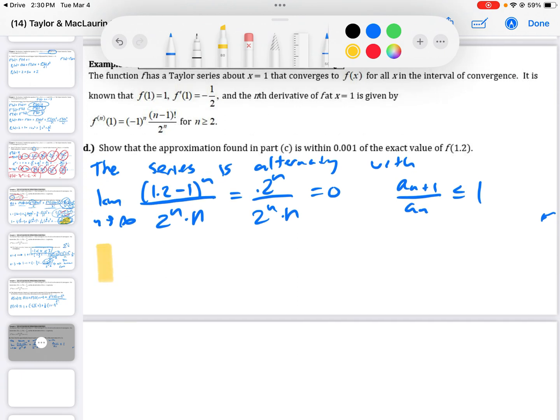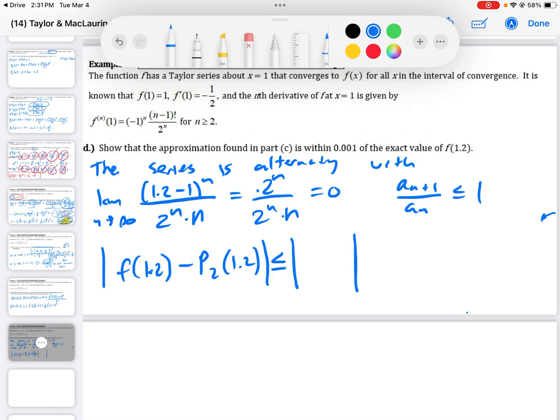Since it converges, I know that the difference between the actual value of 1.2 and the approximation using the second degree, so the 3 terms, is less than or equal to the next term in the series. And the next term would just be the third term in the sequence.